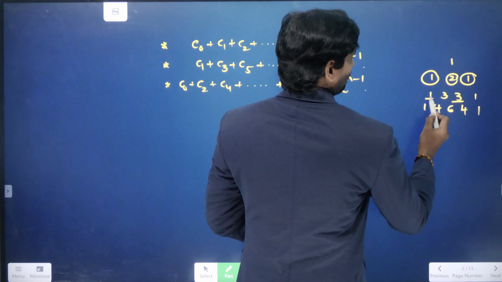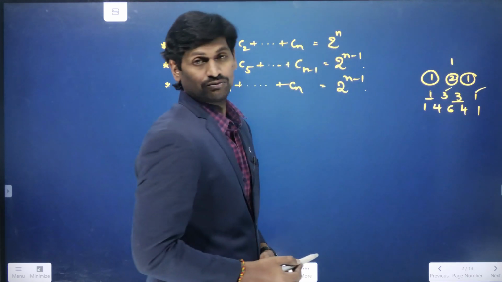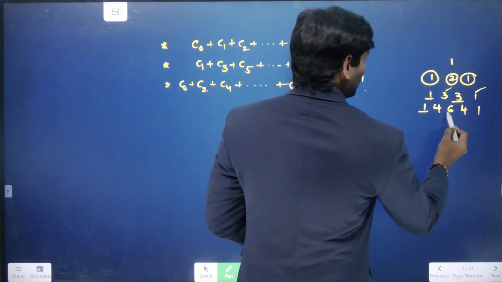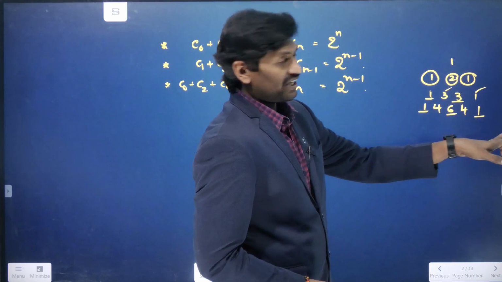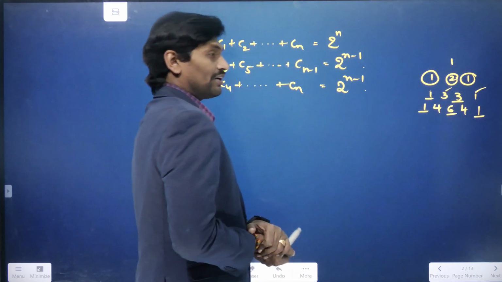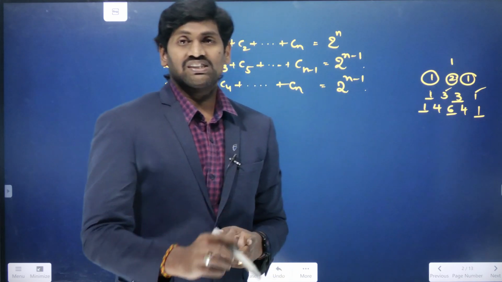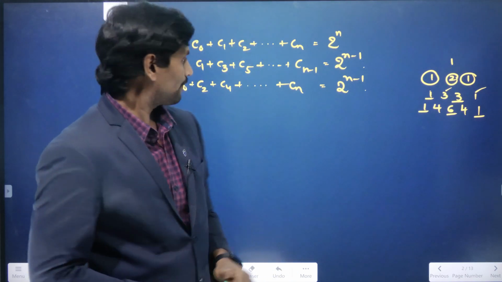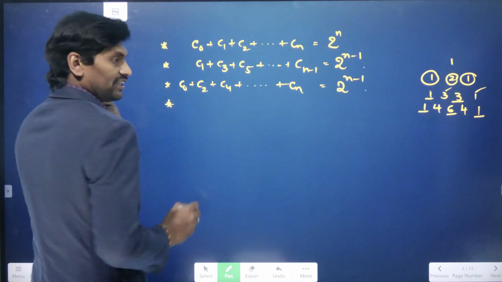Here, first and third, 1 plus 3 is 4, second and fourth, 1 plus 3 is 4. Here, first, third and fifth terms, 1 plus 6 is 7, plus 1 is 8; and 4 plus 4 is 8. So from this we can say that the sum of odd coefficients equals the sum of even coefficients. This is also one of the important properties.